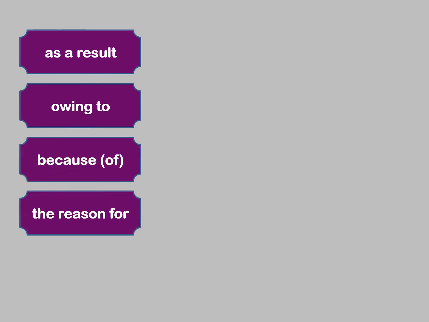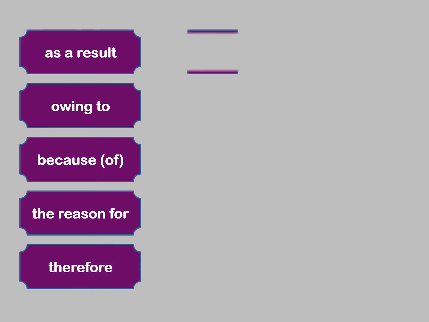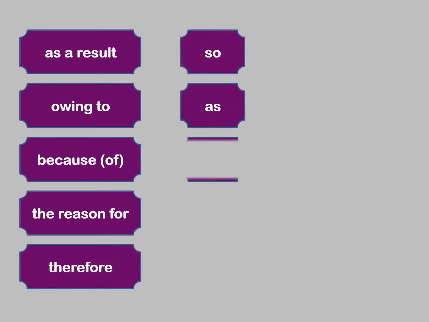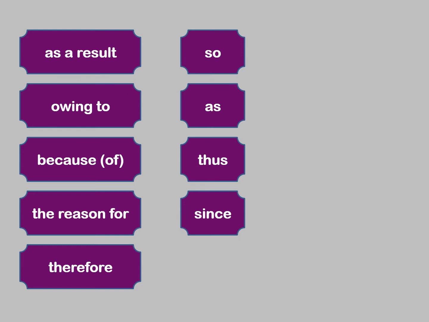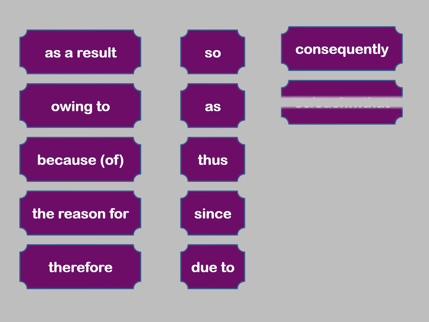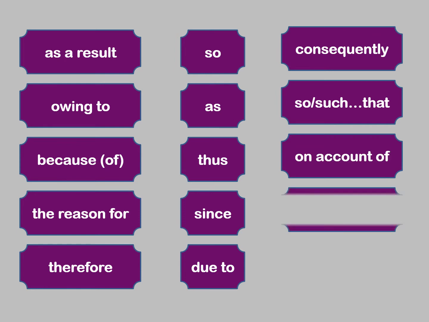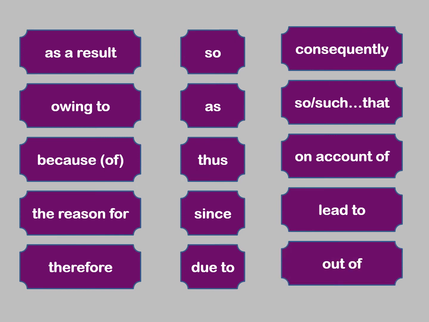For example, as a result, owing to, because of, the reason for, therefore, so, as, thus, since, due to, consequently, so that or such that, on account of, lead to, can lead to, will lead to, and out of honesty, out of respect, out of, etc. Okay.